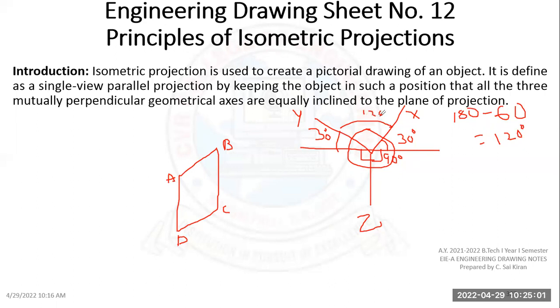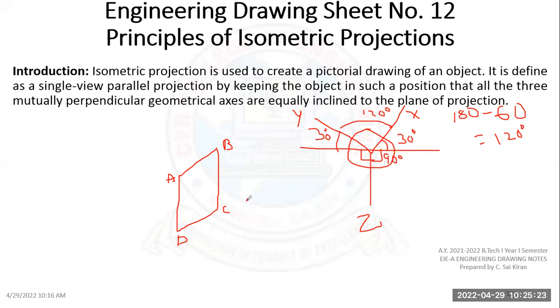So whenever I'm drawing an isometric projection, the line from the horizontal shouldn't be 0 degrees; it should be 30 degrees in the positive direction and 30 degrees in the negative direction, because we consider counterclockwise angles as positive and clockwise as negative.